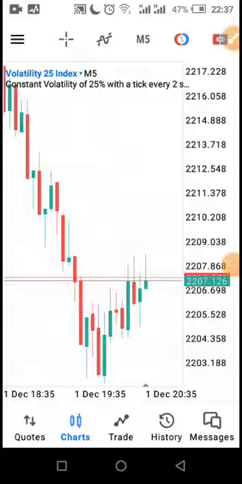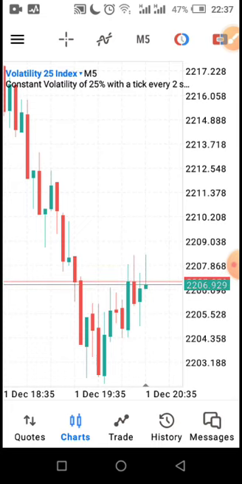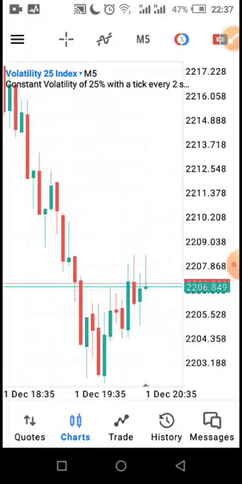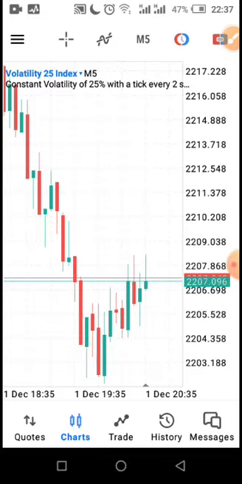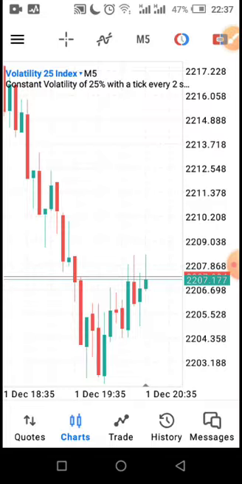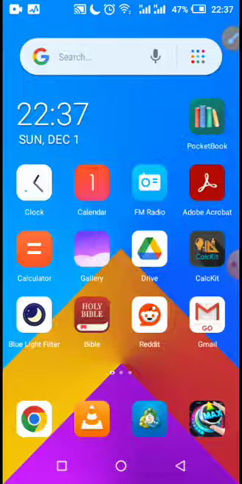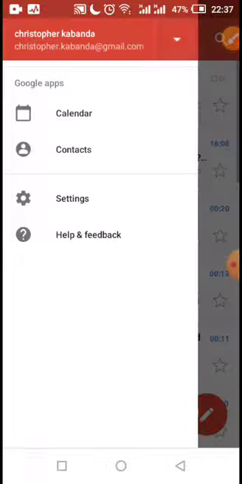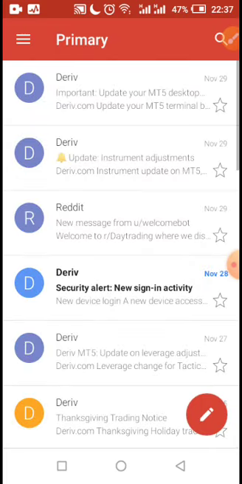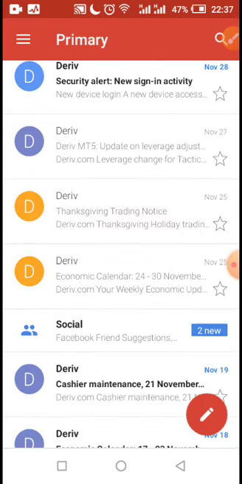Now, Deriv synthetic indices are not affected by fundamentals or world events. So you can trade them without considering any fundamentals, but maybe the only fundamental you can consider is not to trade on USA public holidays, because Deriv will actually tell you that they change commissions of trades on their public holidays.